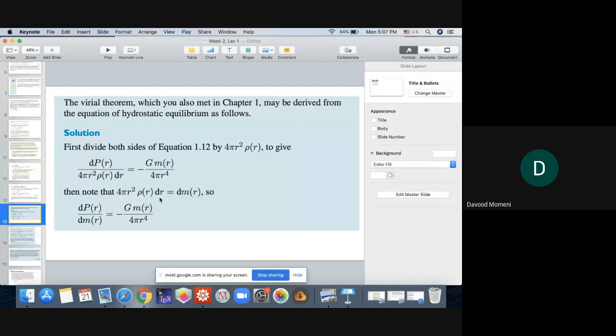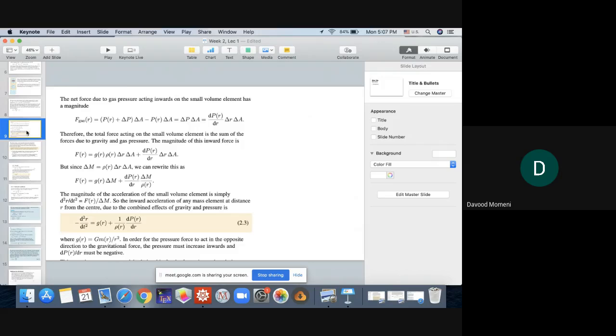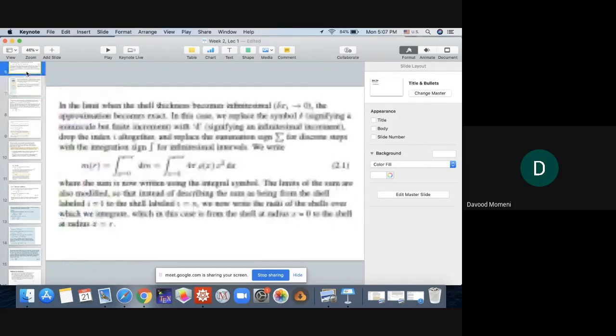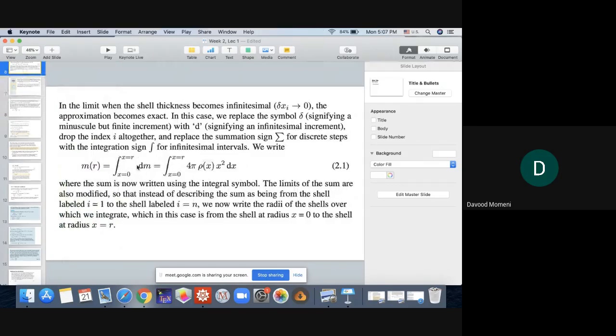Then write the expression 4 pi r squared rho dr as dm. Remember, the mass is volume multiplied by density. If you go back to the first slide, you see that the little mass was 4 pi r squared dr times rho.